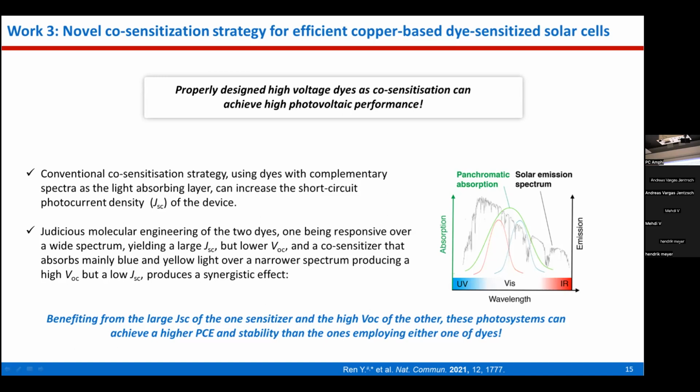Thanks to the high VOC of one sensitizer and the high current of the other, the co-sensitization system is more efficient than either of the two dyes, with higher efficiency and stability. So the key is to develop a co-sensitizer with high VOC in combination with the copper-based electrolyte.